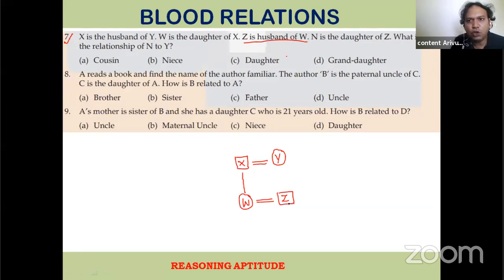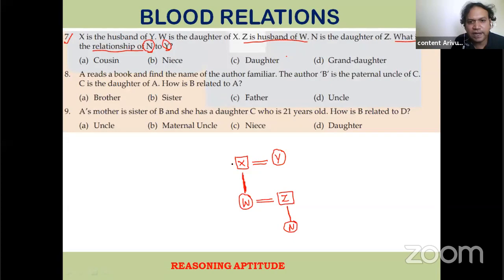Now N is daughter of Z. What is the relationship of N to Y? Look at the question here. Okay, so who is N to Y? Now there are two generation gaps here, 1 and 2.